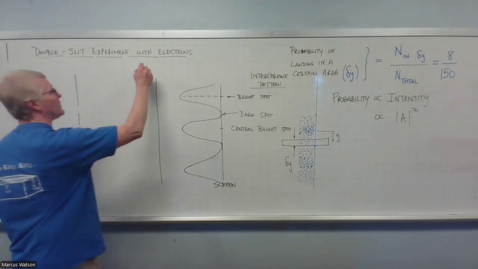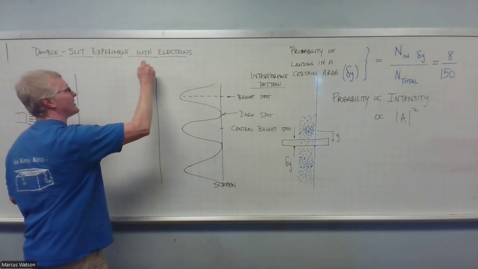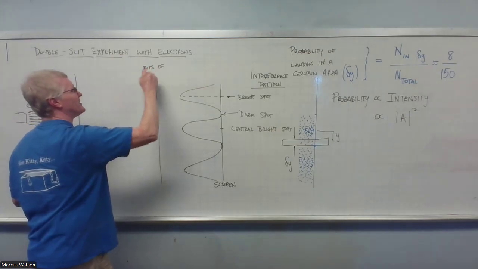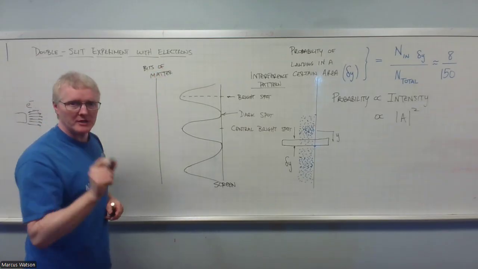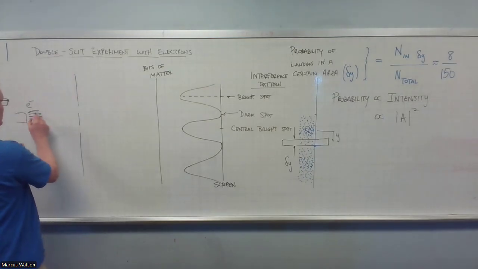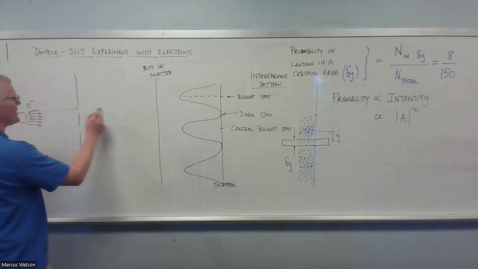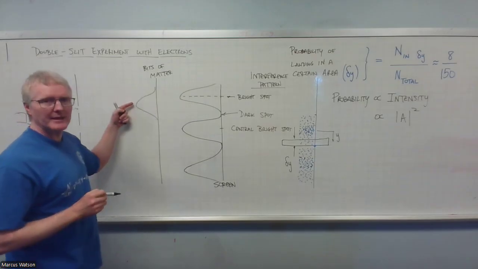Okay, this is the bits of matter screen. This is what we would expect to see if electrons were just chunks of material. Okay, we'd see them coming through here. They'd be emitted. They'd be coming through here. We get a lot of them right in here, right? We get a lot of them right there.